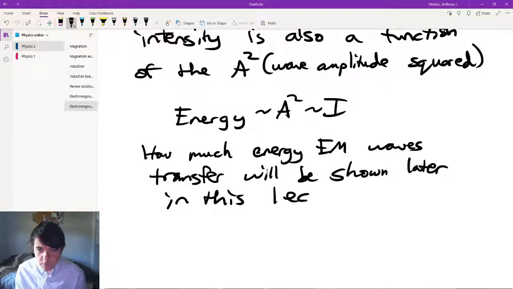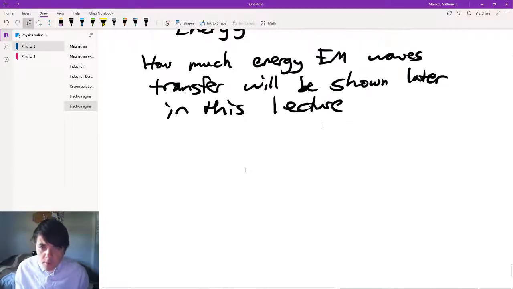Okay. So how waves carry energy, that's another difference between them. For mechanical waves, that's dependent on the type of wave, what it's transferring through, or the material it's moving through. And so E&M waves and mechanical waves will carry different amounts of energy most of the time. How much energy E&M waves will transfer is what we care about. I'll show that in a bit.